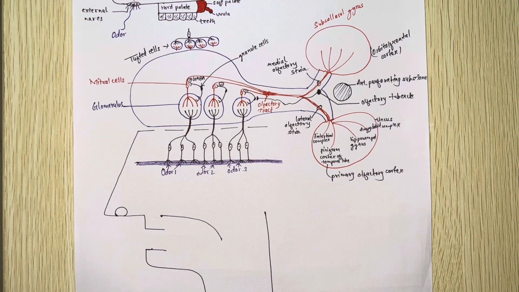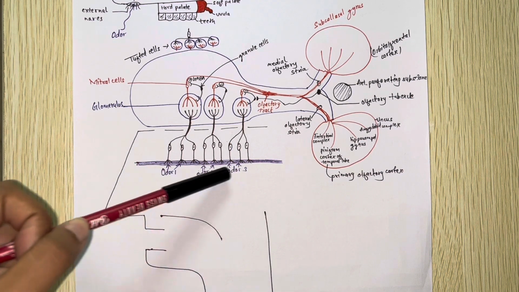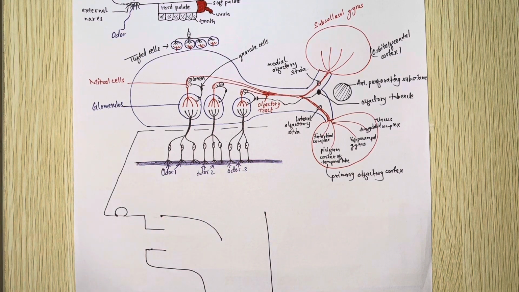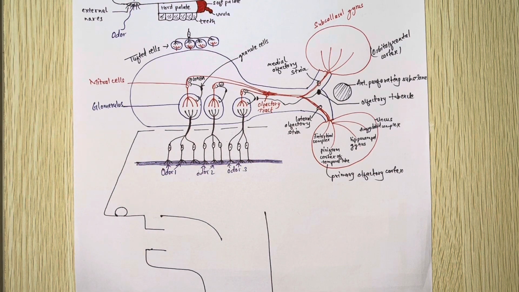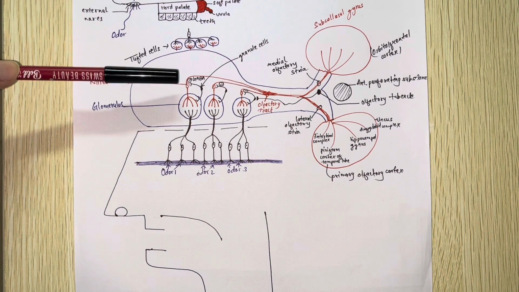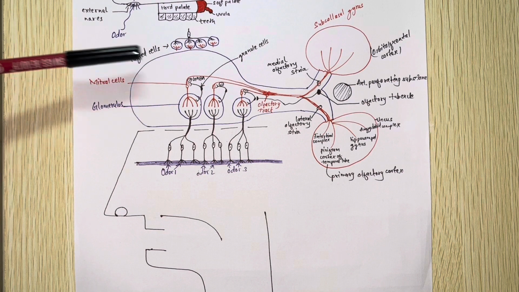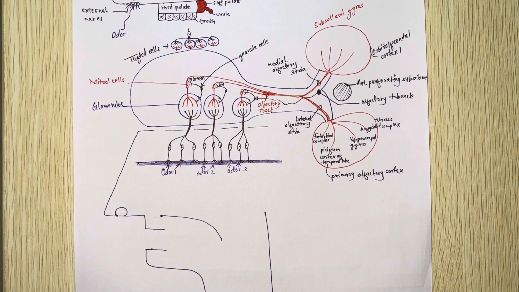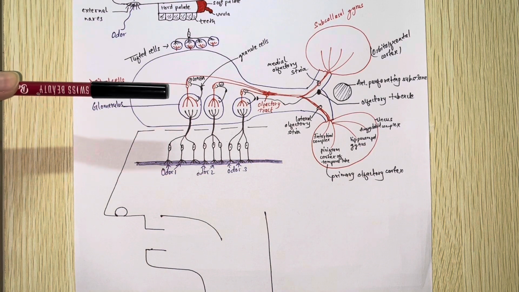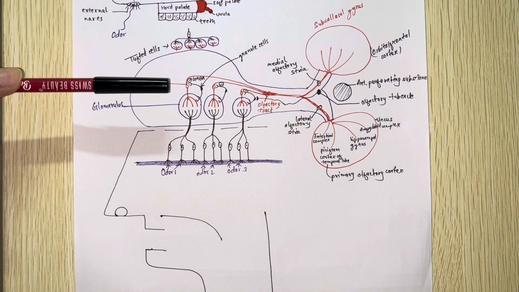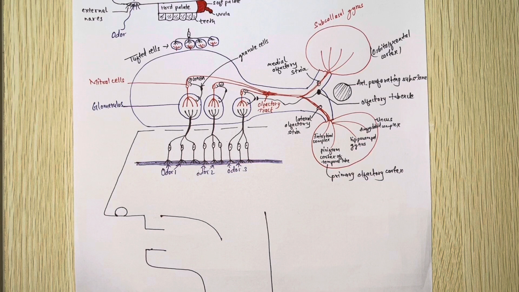Now when a different odor is sensed by the receptor of our nose, then the axon terminals will release excitatory neurotransmitter, which activates these mitral cells, and it will send the action potential down their axon through fibers of axon, forming the olfactory tract.